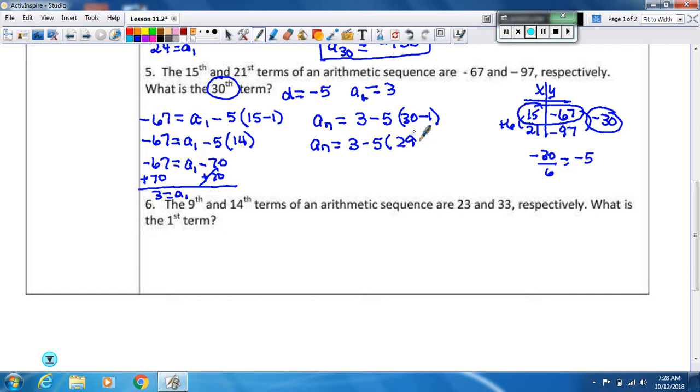Order of operations says we have to multiply first. So you don't do 3 take away 5 times 29. We're just going to leave the 3 alone for now. Negative 5 times 29 is negative 145. So the 30th term is negative 142.